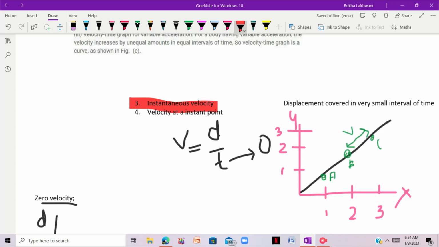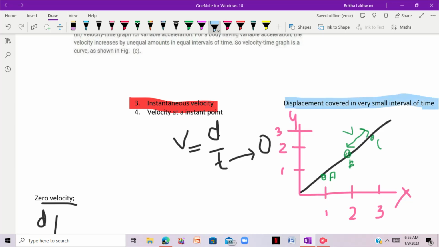So for example, this is the graph of uniform velocity and this is point A, this is point B, and this is point C. Let me make it again. Okay, so for example, this is a graph of uniform velocity, right? And here I have certain points. This is point A, this is point B, this is point C. I have named them.